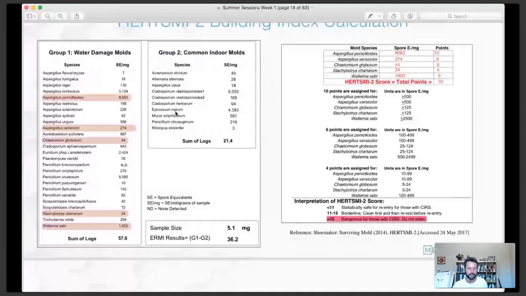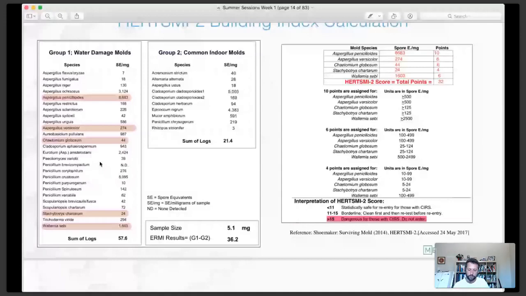So the ERMI test, basically, I've highlighted 4 of the 5 major molds that you want to look at to create the HERTSMI-2 score. The HERTSMI-2 score was created, I believe, by Dr. Shoemaker. It helps to basically put a number on the degree of toxicity that the mold is having in the house.